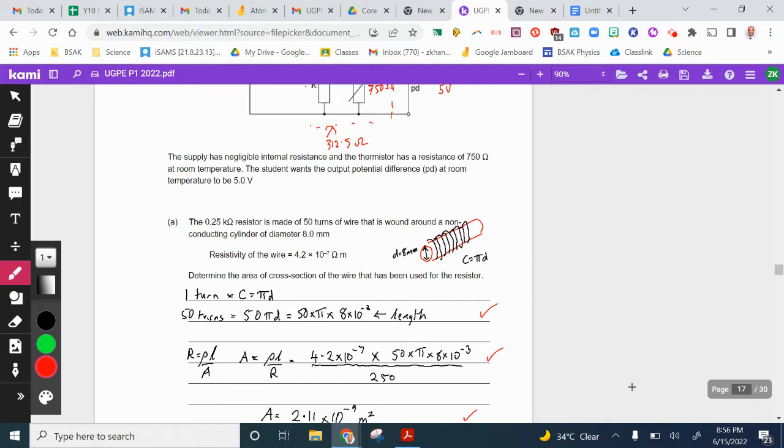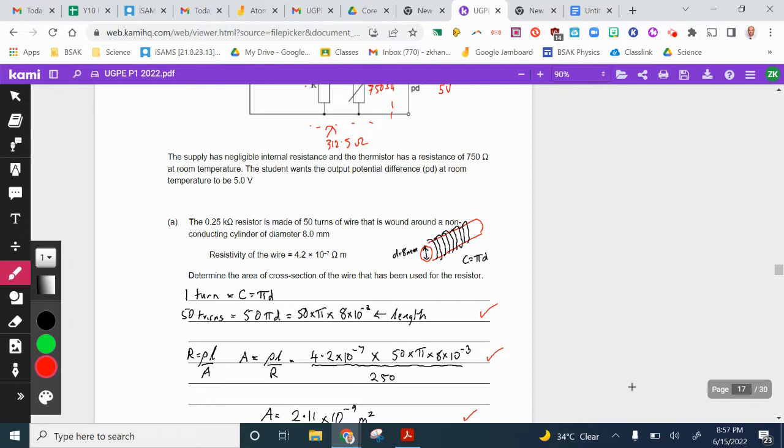Now many of you are using pi r squared here, which is the cross-section area of this non-conducting cylinder. Okay, so that's not what we were looking for. Many of you have gone down the route of A equals pi r squared, and you use the diameter of 8 millimeters.